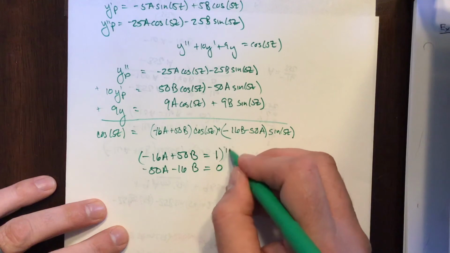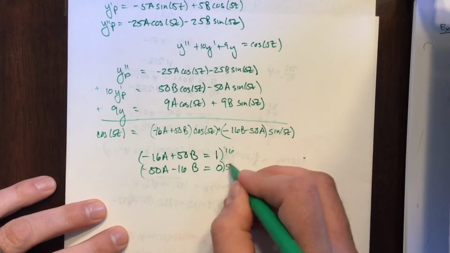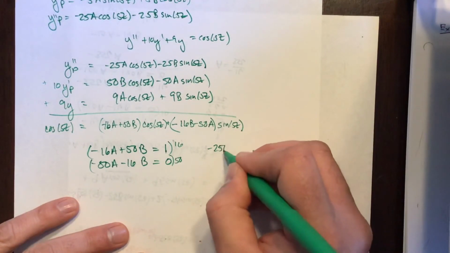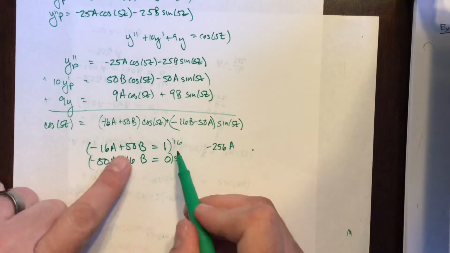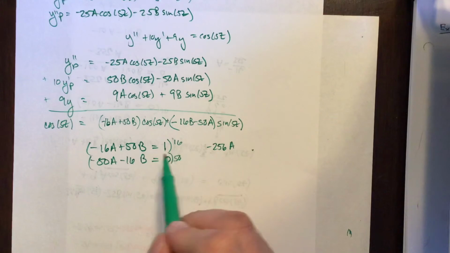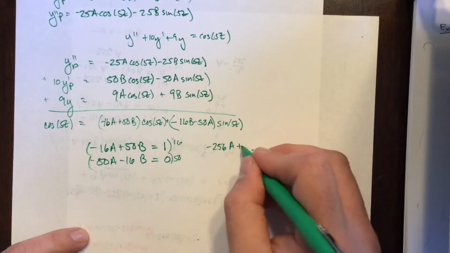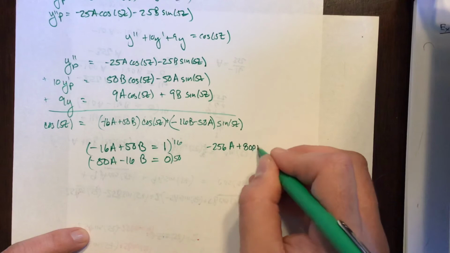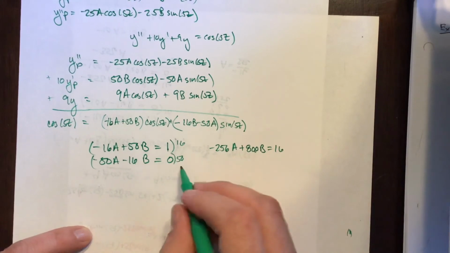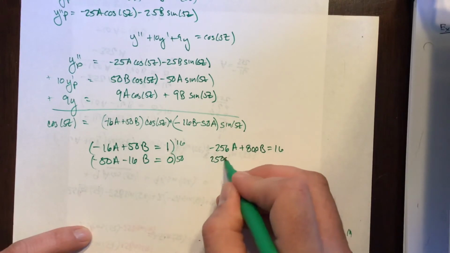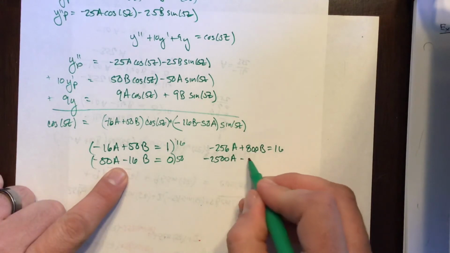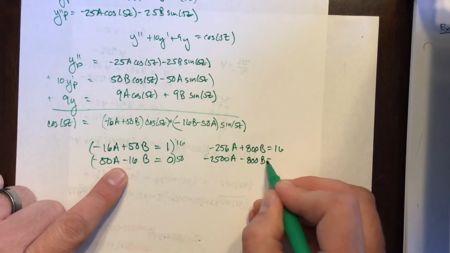Multiply this by 16, multiply this by 50. So we already know this is negative 256a. 16 times 50 is the same as 100 times 8, so that's plus 800b, and that's going to be equal to 16. And 50 times 50 is 2500a, that's a negative, minus 800b equals 0.